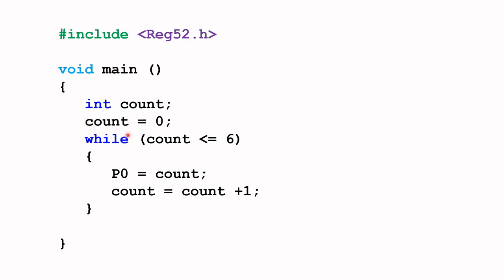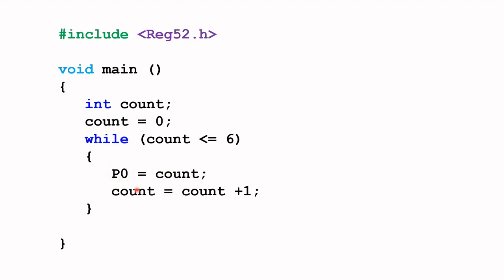And we come to the while construct. The condition is: while count is less than or equal to 6, we execute these two statements here. Basically, the first statement assigns count to P0. This is port 0, so in other words, we send the value of count to port 0.